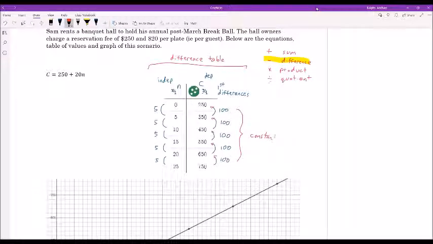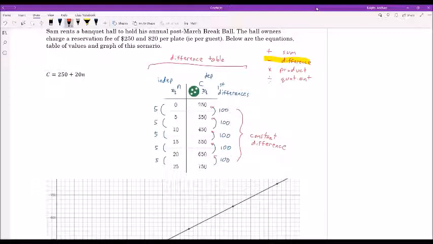Okay, those are constant differences, meaning that each row has the same difference as the row above. Okay, which tends to tell us that the growth or the increase or the change in total cost is going to be the same for every jump in 5 guests that arrive.